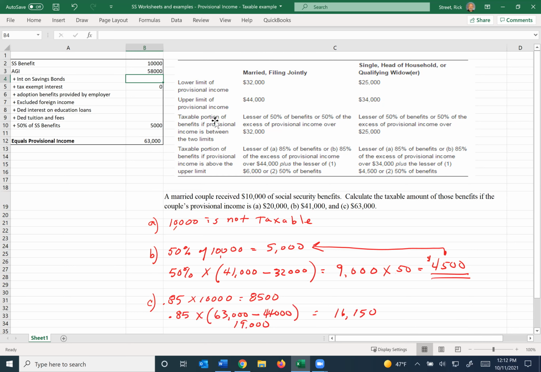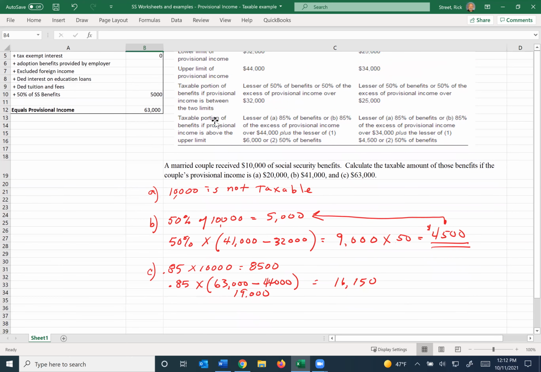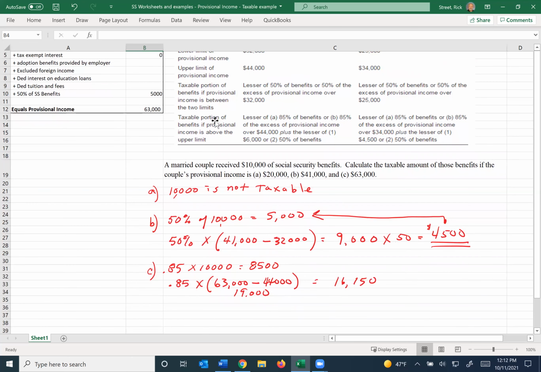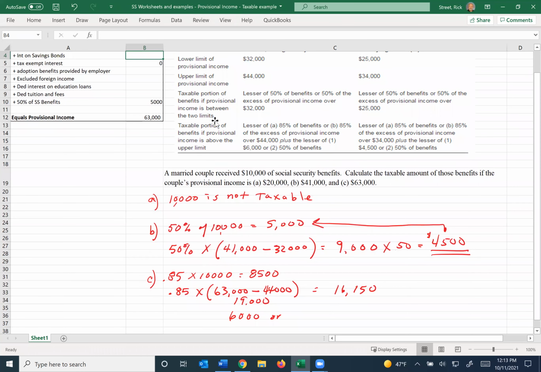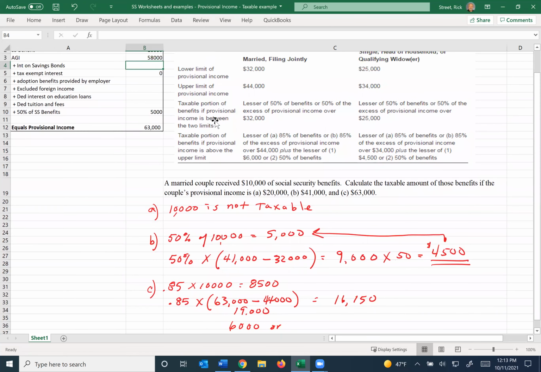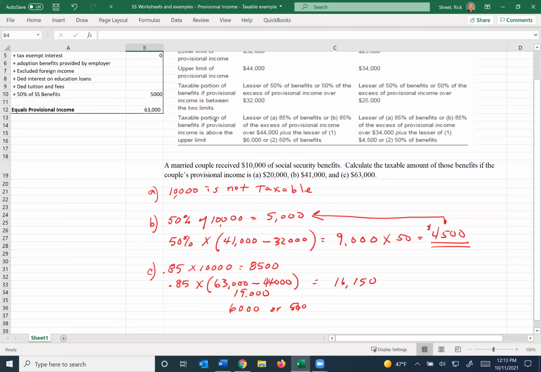Now, there is another step here. We have to add to this amount either $6,000 or 50% of the benefits. So 50% of the benefits is 5,000. And if we add 5,000 to that, you can see we're doing an unnecessary calculation at this point, because we're going to compare that 8,500 to the 21,150.